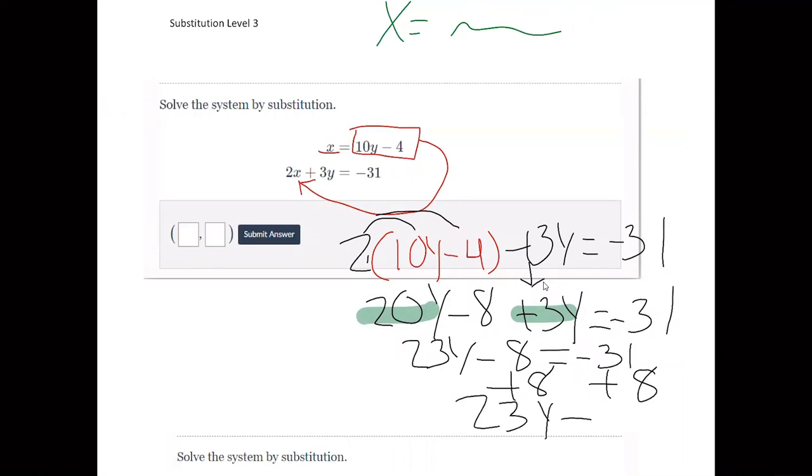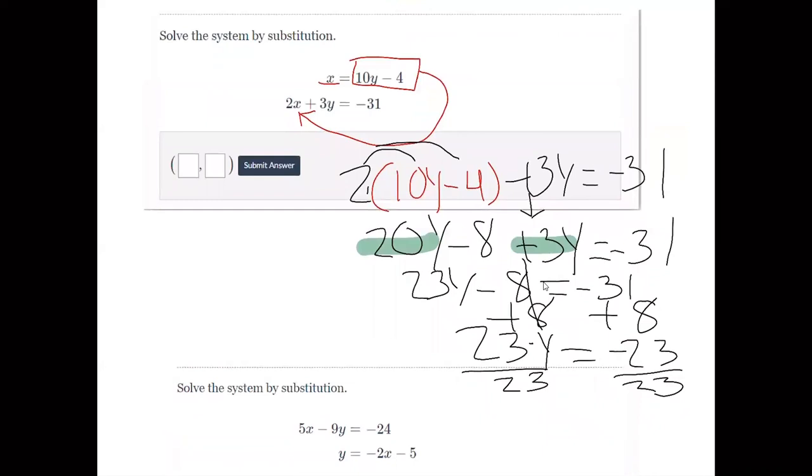So we would have 23y equals negative 31 plus 8. If you plug that in or work it out, that'll be negative 23. Then remember, the opposite of multiplication is division. Sorry, it's getting a little bit out of space, but that would be negative 1.